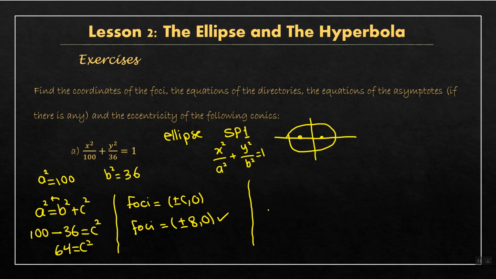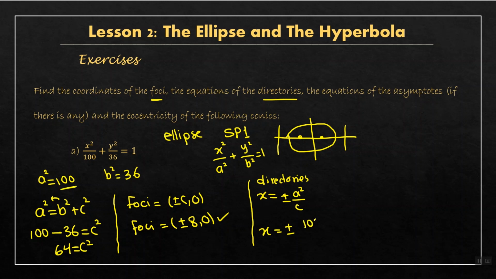What else do they want? They want the directrices. Okay, so the directrices are going to be here and here. They're going to cut the x-axis. So there will be x equals, this is the directrices. They're going to be x equals plus minus a squared over c. So x equals plus minus a squared, which is given to me, it's 100.